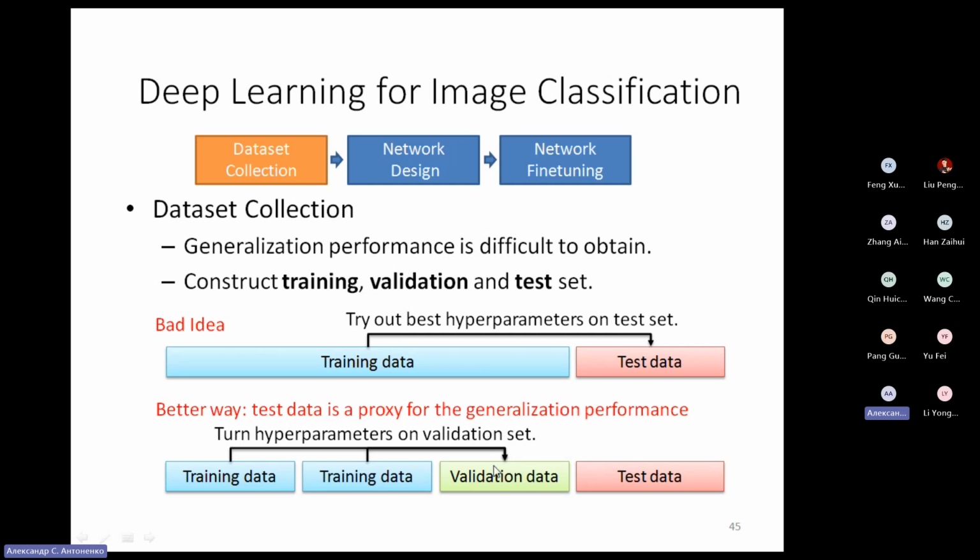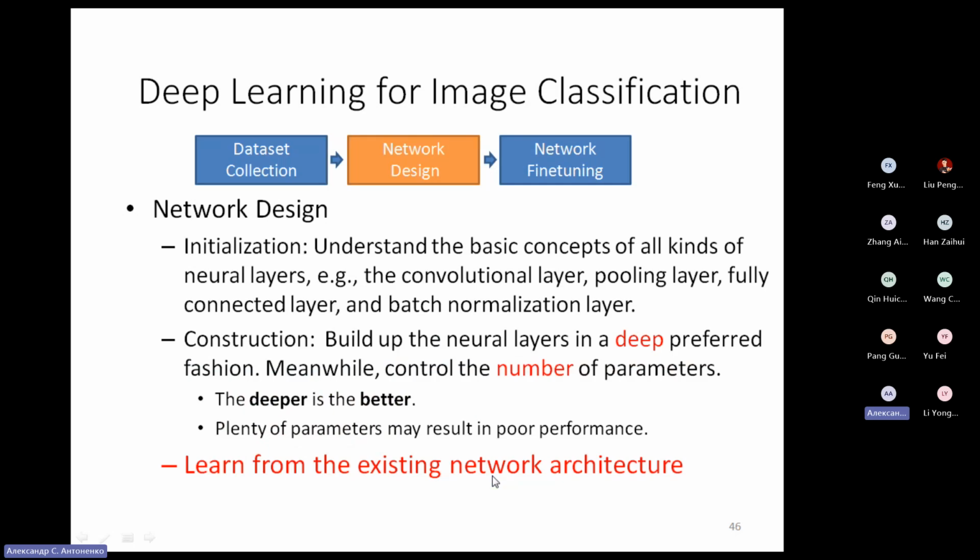So we need training, and then checking our training results on some validation data. When we check it, we can understand whether our hyperparameters are good or not.